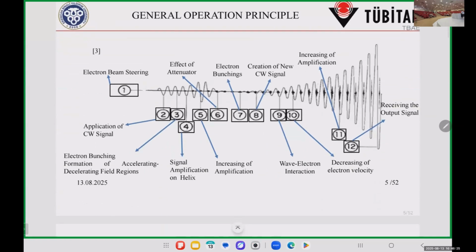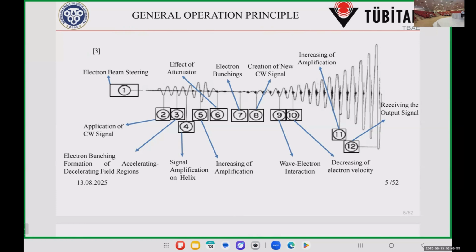So number one, the electron beam is created in the electron gun, and then the electron beam is directed through the center of the helix. Then number two, the continuous wave signal is coupled into the helix, coupled into the slow wave structure.